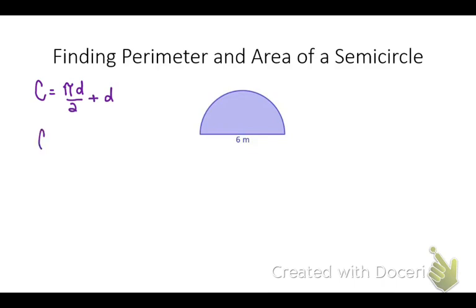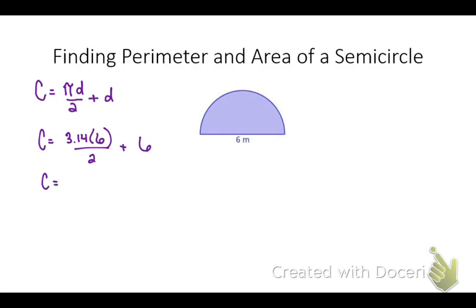All right, so C equals 3.14 times 6 divided by 2 plus 6. All right, so 3.14 times 6 is 18.84, and then I divide that by 2.